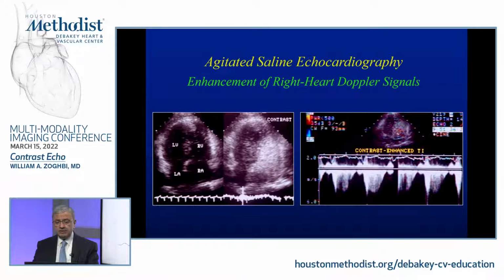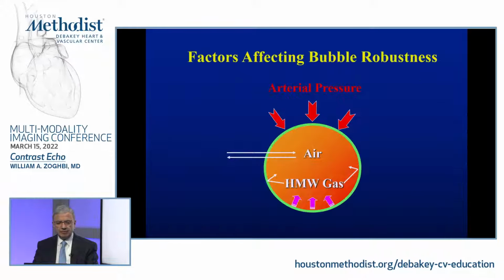We use agitated saline to enhance Doppler, and we enhance Doppler for estimation of pulmonary artery systolic pressures, as you could see here. And actually, even a very tiny tricuspid regurgitation jet may be enhanced well with agitated saline or the newer agents for determination of such.